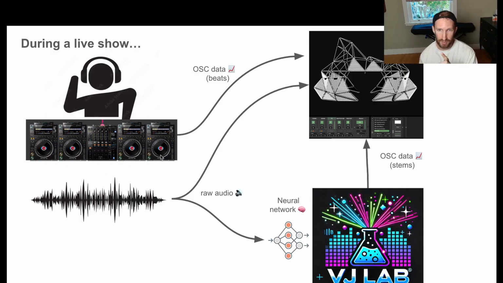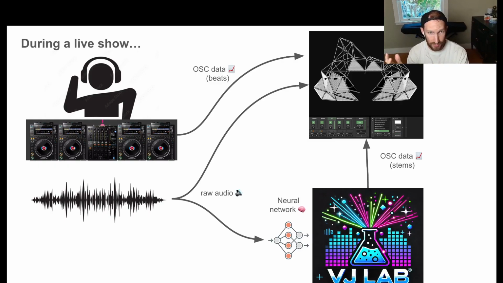And while that does send some OSC data for the beats, which helps us sync to the grid of the track the DJ is playing, we don't really know anything about what's playing, and the visuals don't either. So the raw audio, we actually pipe through a little neural network we call STEMI and an application we call VJLab, for visual jockeys, the artists who play visuals, and this pipes it into our stage.